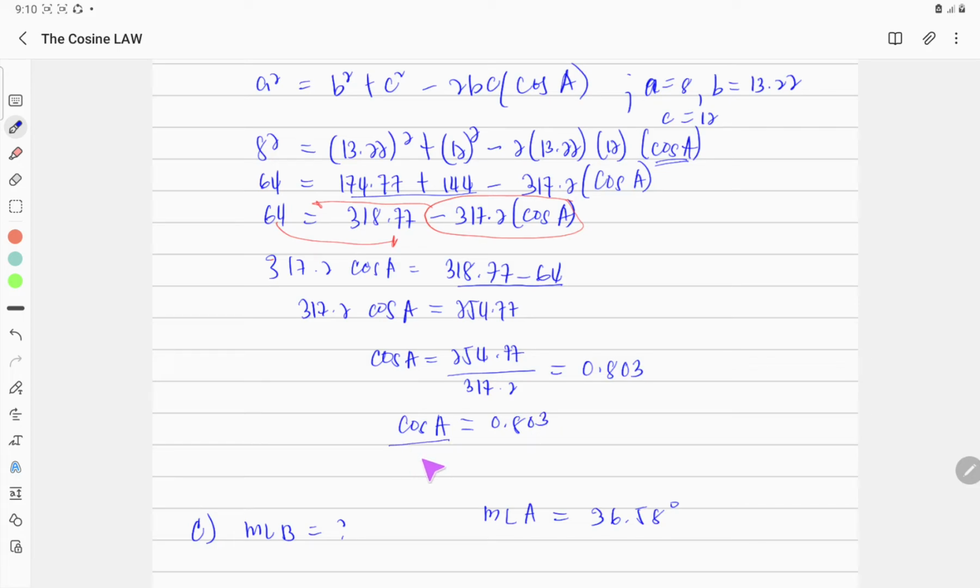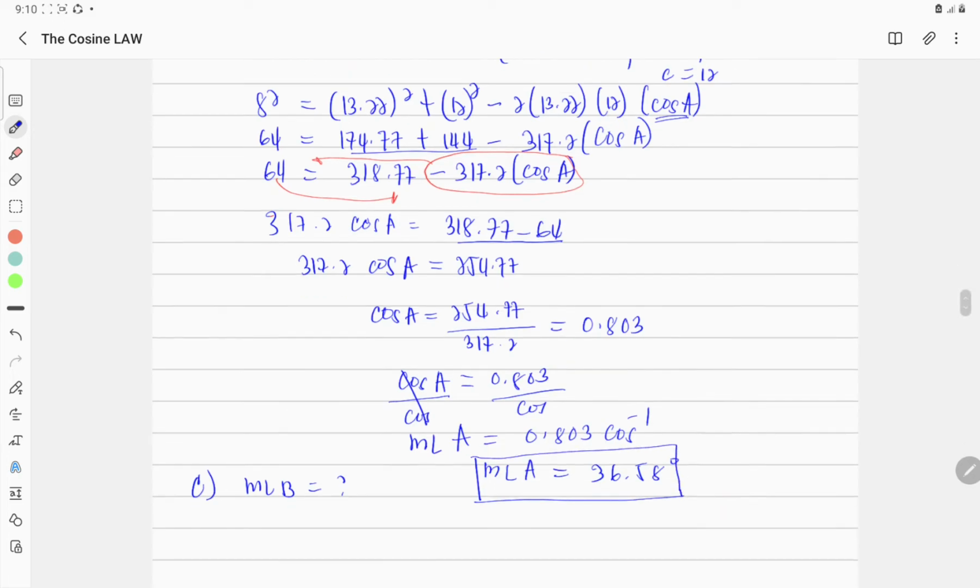To get A, we take the arc cosine. So the measure of angle A equals arc cosine of 0.803. In your scientific calculator, you hit shift then cosine, key in 0.803, then equals, and you get the value for the measure of angle A.